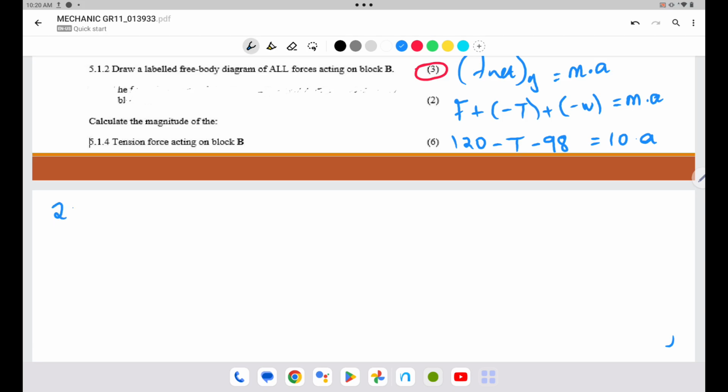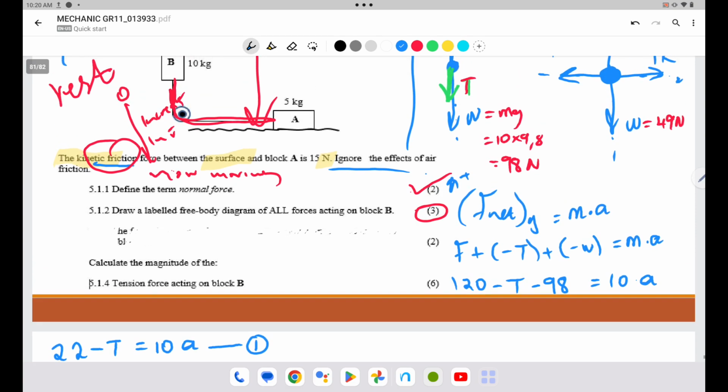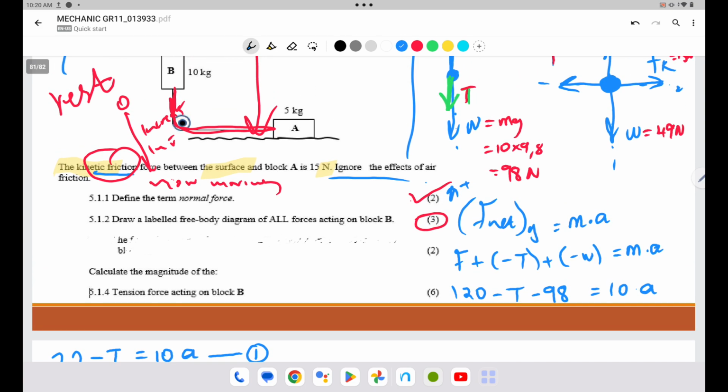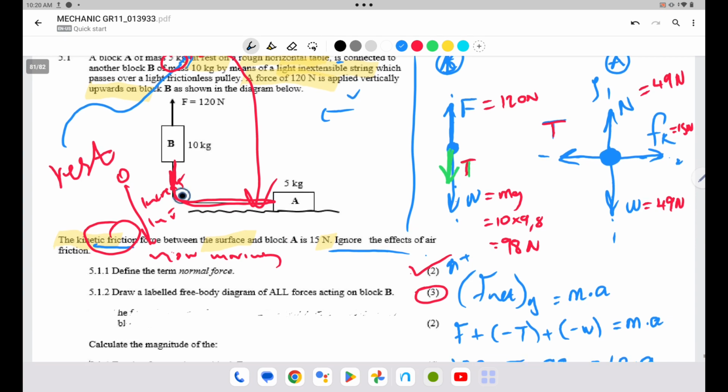So I have 22 minus T equals 10a. I'm going to leave it at that. I'm going to call that equation number 1. I've got equation number 1 by defining Newton's second law for block B.